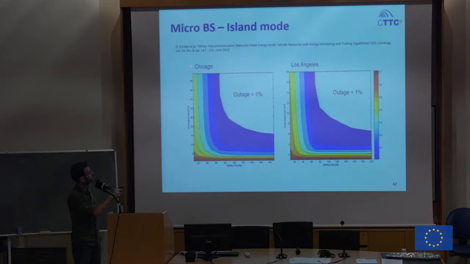We did this for different locations in the United States, for Chicago and for Los Angeles. In the case of Los Angeles, which is the more beneficial for us, for a micro base station we have around 10 square meters and 80 ampere hour. This is needed to have an outage of less than 1%.